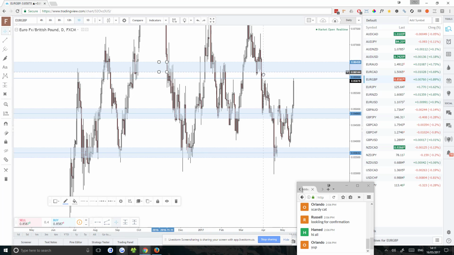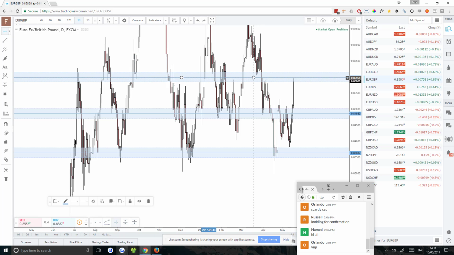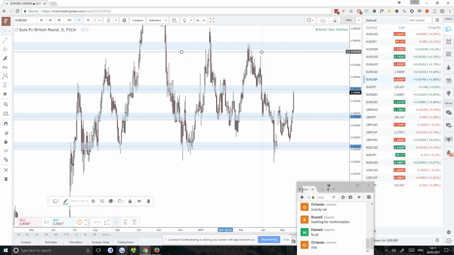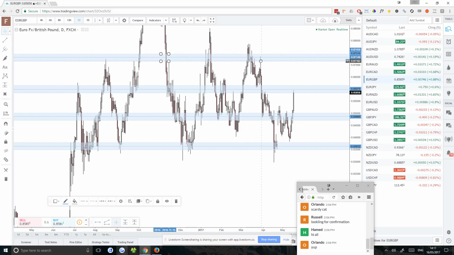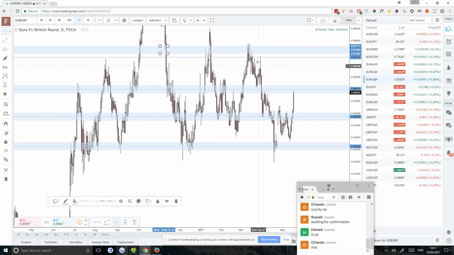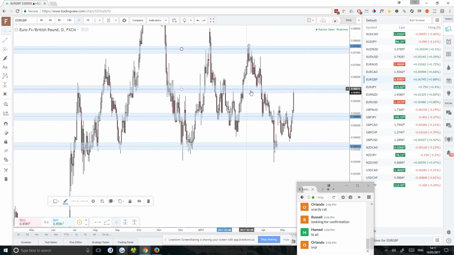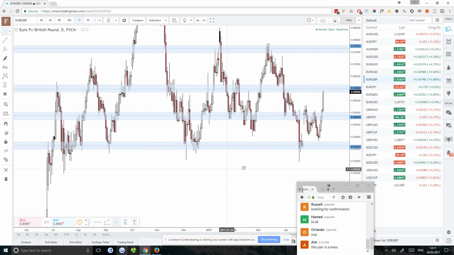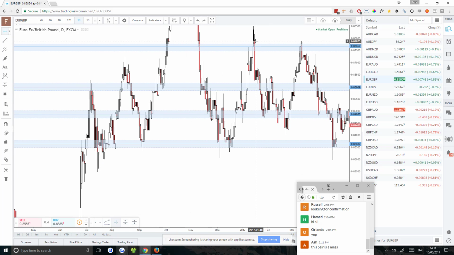You know what I'm thinking? With these support resistance areas, I just threw them up on Euro GBP in a rush, I think in a recent webinar. I'm adjusting the area.